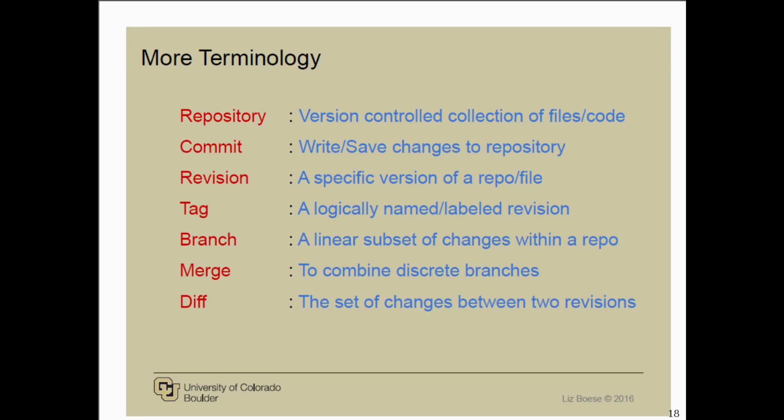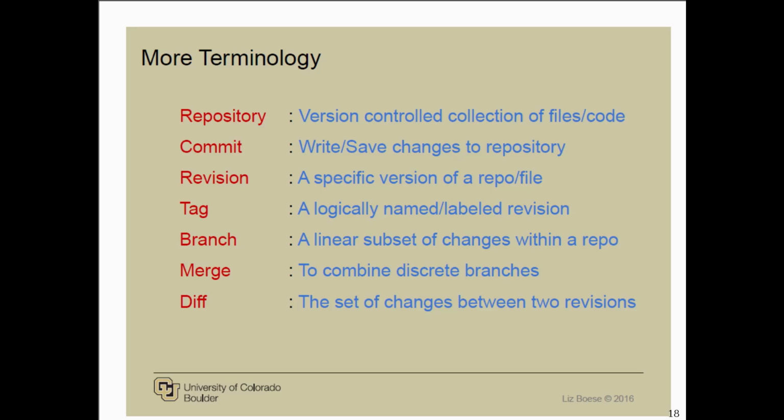So we'll hit a little more terminology. We have repository, which is the version control collection of files and code. It's not just a directory, but it's actually a directory with metadata that keeps track of the history. We have a commit, which is a write or saves changes to that repository. We have a revision, a specific version of the repo or file.